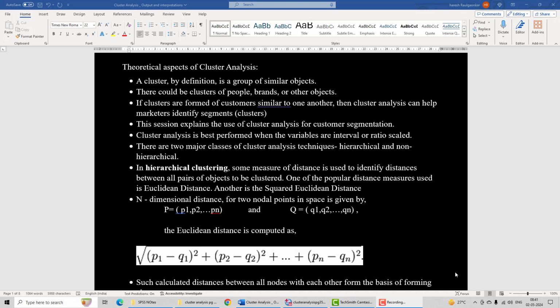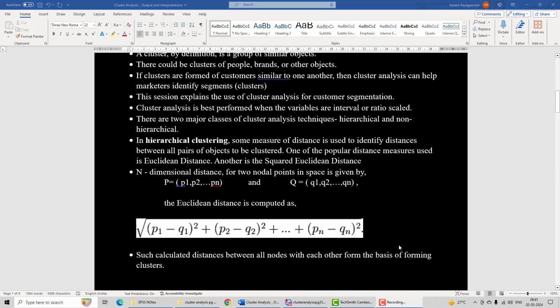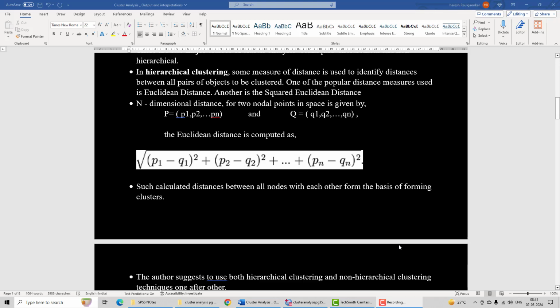Then the Euclidean distance is computed by this formula: P1 minus Q1 the whole square, plus P2 minus Q2 the whole square, and so on, and then the square root is taken. So this is the Euclidean distance. Such a calculated Euclidean distance becomes the basis for forming the clusters.